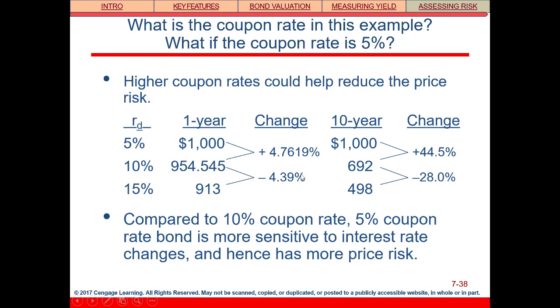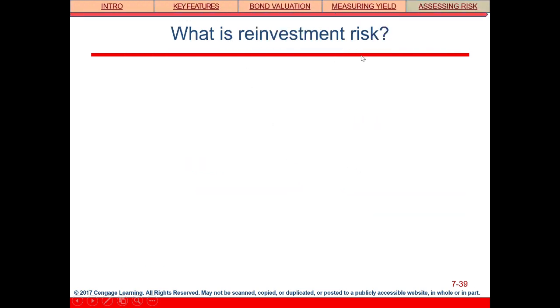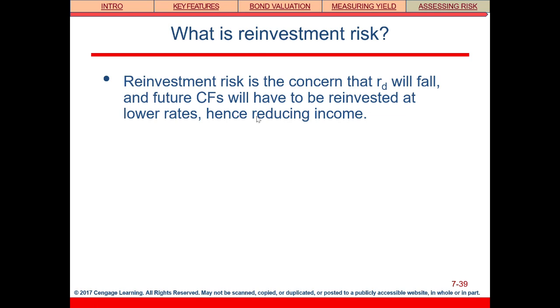Today we are going to continue discussing the risk of the bond, but we're going to discuss reinvestment risk. The first question we need to answer is, what is reinvestment risk? Reinvestment risk is the concern that the interest rate will fall and future cash flows will have to be reinvested at lower rates, hence reducing income.